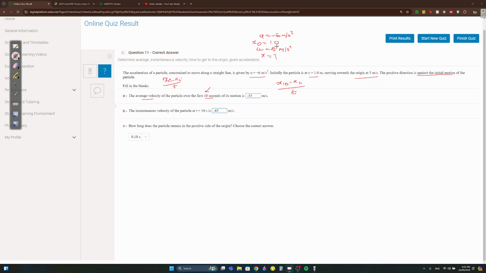We have a, we have u, they said 10 seconds. How do I find x if I have a, t, u and x node? I can do half at squared plus ut plus x node. So x at 10 seconds is going to be half the acceleration, -6, times the time squared, which is 10 squared, plus the u, which is -5, times the time, which is 10, plus x node, which is 1.